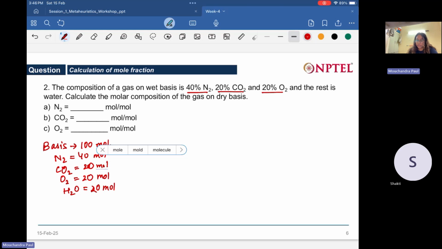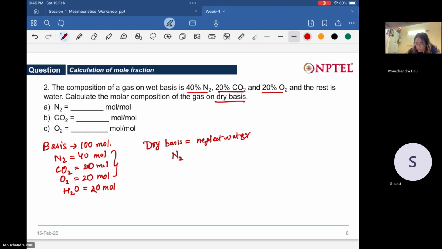Okay. Now you have to calculate the composition of this gas on a dry basis. So dry basis means you have to neglect water. So in that case, you will calculate the amount of N2 out of a total of 80 moles only, not 100 moles, because 20 moles was water, right?